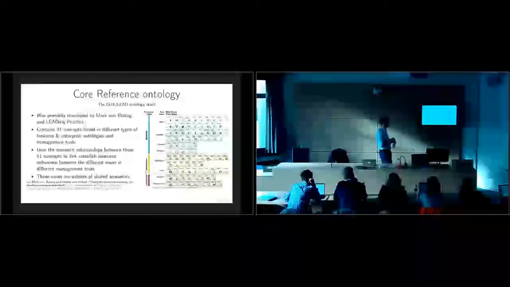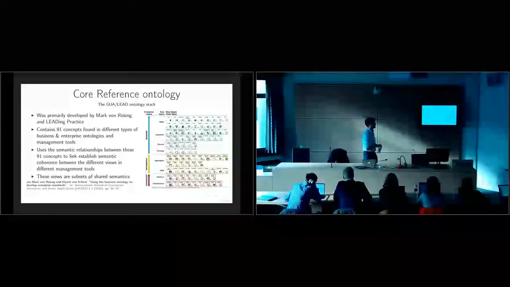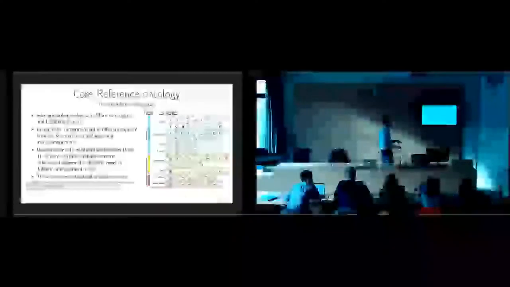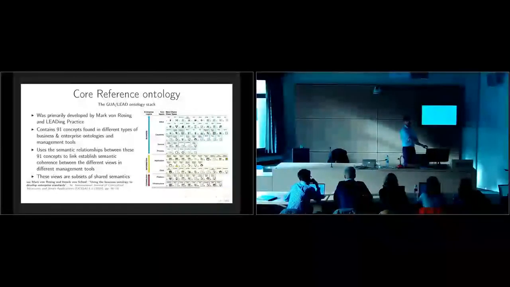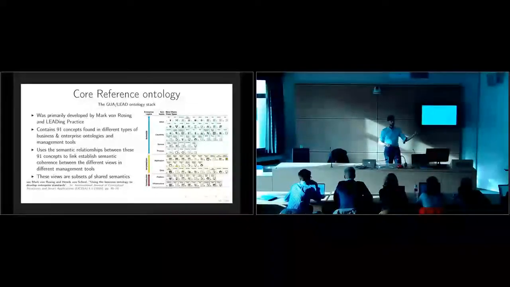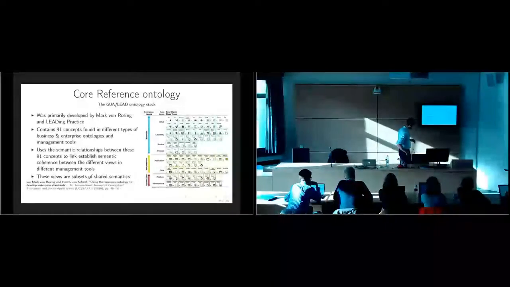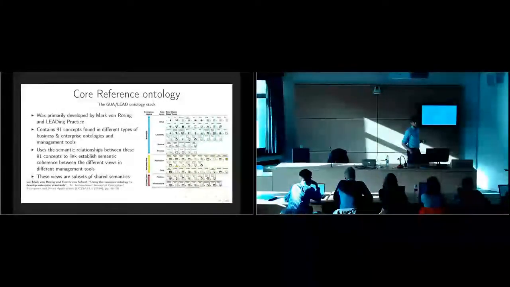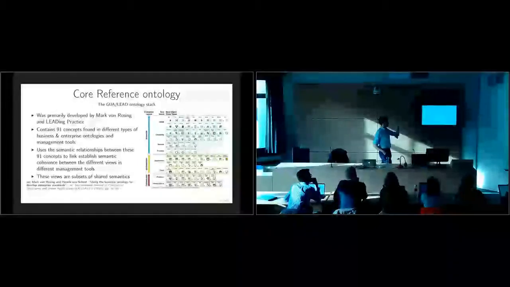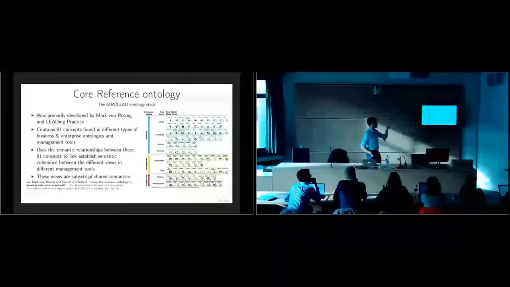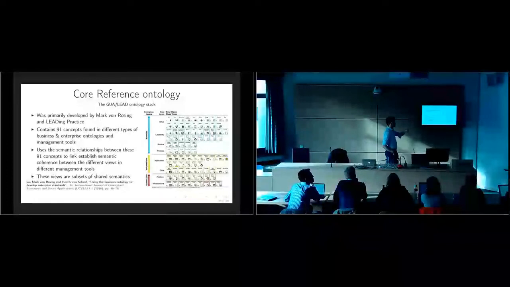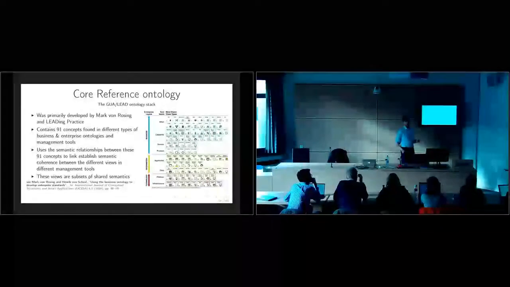So what are the elements we have in all of our applications, all of our models, all of the domain ontologies, all of the task ontologies, all of the application ontologies? What is not shown on this page is that there are also semantic relationships between each of those concepts.